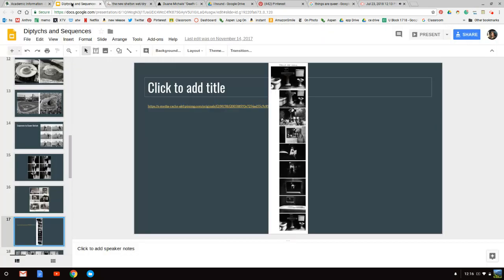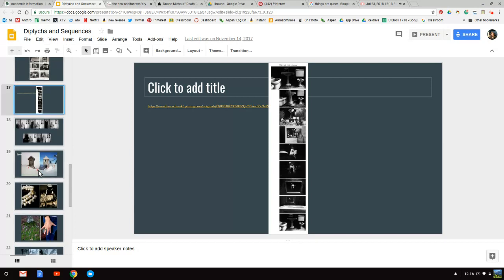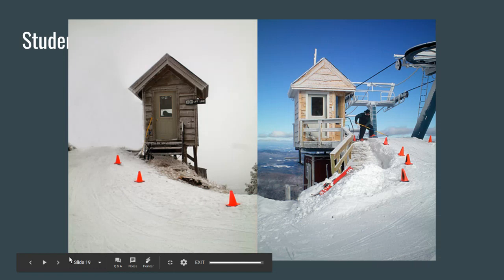Sorry, I let this load again. Here's some work that I've had students turn in the past for the diptych assignment. So again, in this first one, we have some continuation between this picture and this picture, and it brings them together.